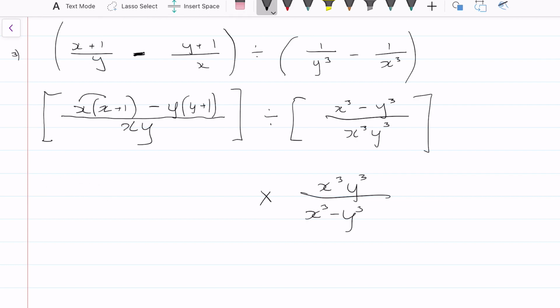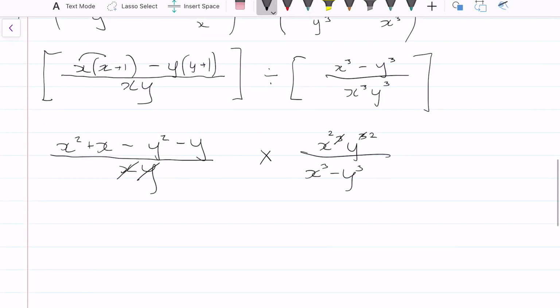So multiplying that x into the bracket gives us x squared plus x minus y squared minus y all over x y. Okay, this x cancels with one of these, leaving a squared. This y cancels with one of these, leaving a squared. Okay, now I'm going to bring the squared terms together. So I'm going to get x squared minus y squared plus x minus y, and that's over nothing.